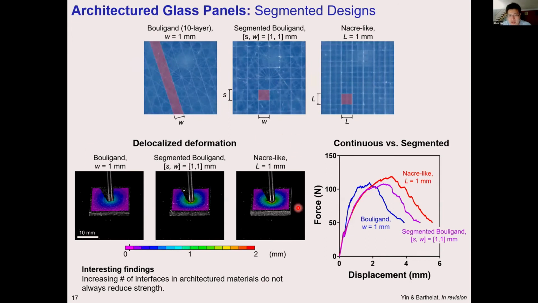In this way, we substantially improve the toughness as well as the deformability of the continuous ply designs. What is more interesting is that usually people think that if you introduce more interfaces into architected materials, you will reduce the strength. But in fact, we find out there's an optimal point where you can improve the strength as well. I will detail it in the later slides.